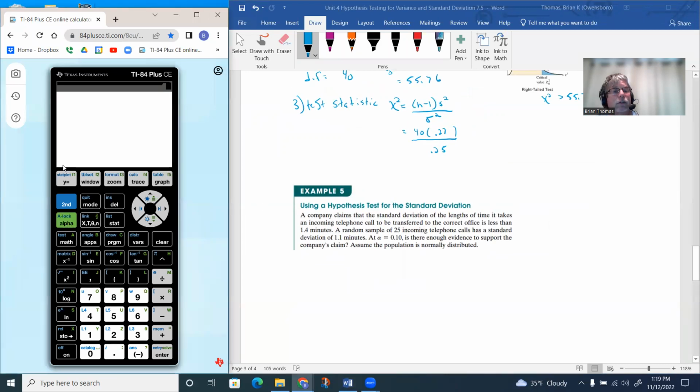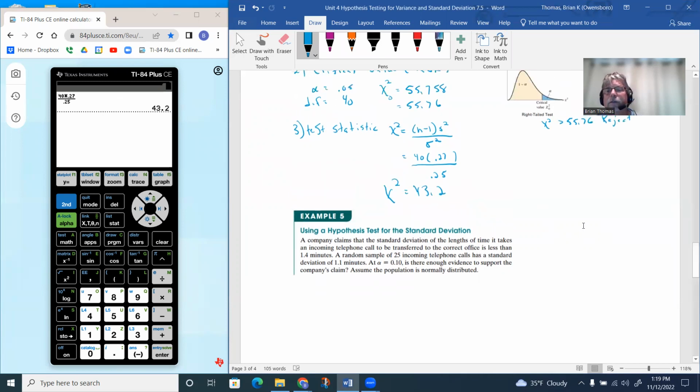Again, you can use the alpha button if you want there. 40 times 0.27, then divided by 0.25. That gives us 43.2. So our test statistic is 43.2.